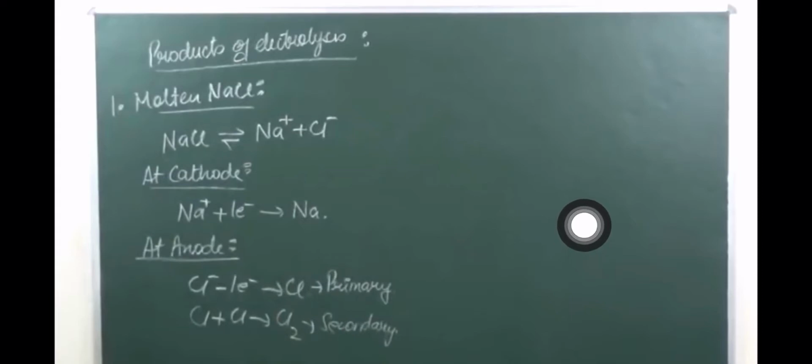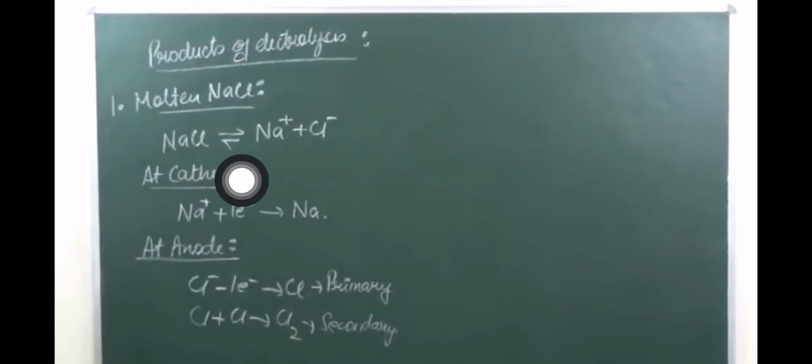This way we are going to see which products can be obtained on electrolysis of different solutions used as an electrolyte. The first example is molten NaCl as our electrolyte. This is the equation which shows the dissociation of NaCl.